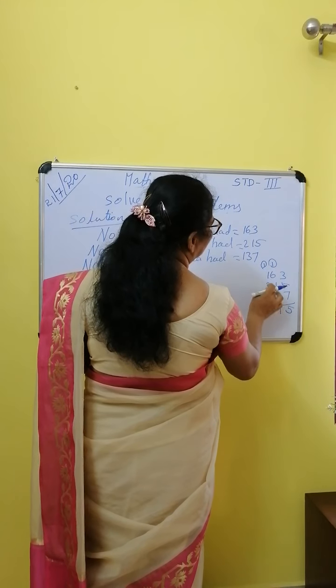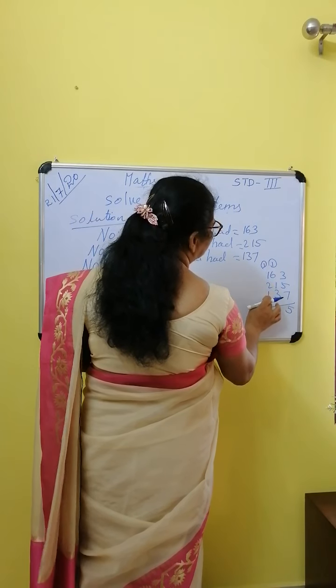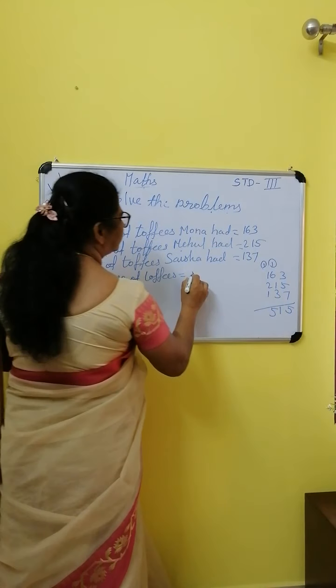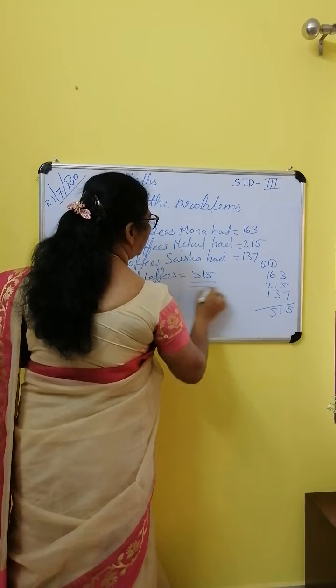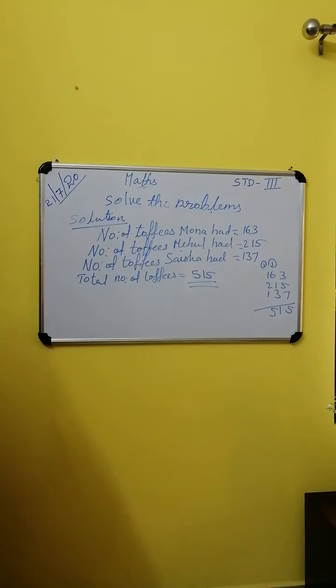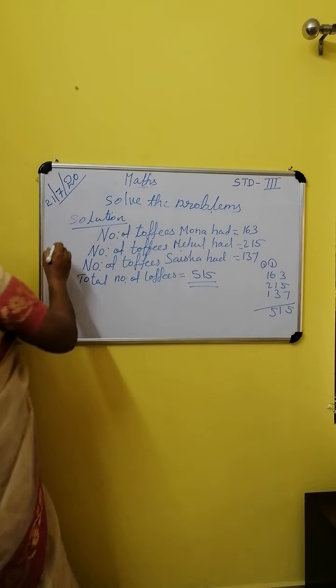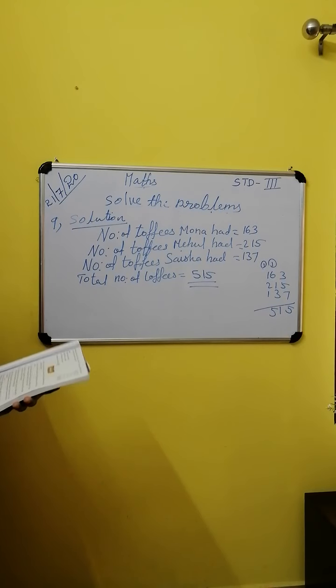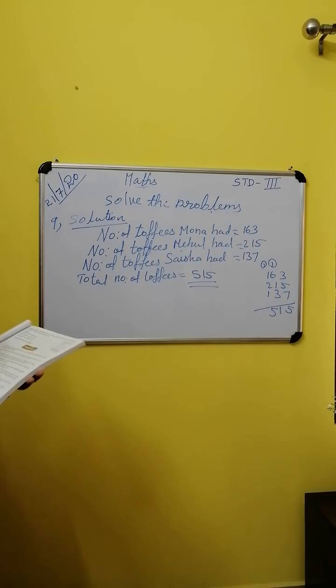One remainder. 1 plus 2, 3 plus 1, 4 plus 1, 5. 515. Okay, got it? Next one, that is number 9. Then 10.